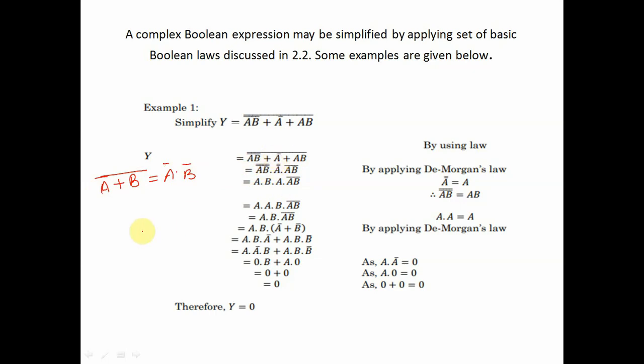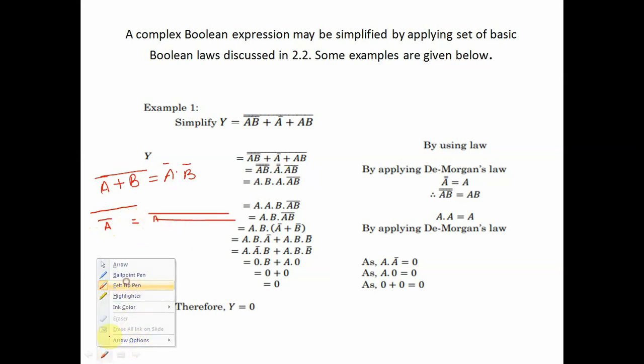Why A double bar? Because the given expression is in this fashion, so I am taking it as A double bar, plus AB bar. No bar is present in between AB bar, so a single bar is present.